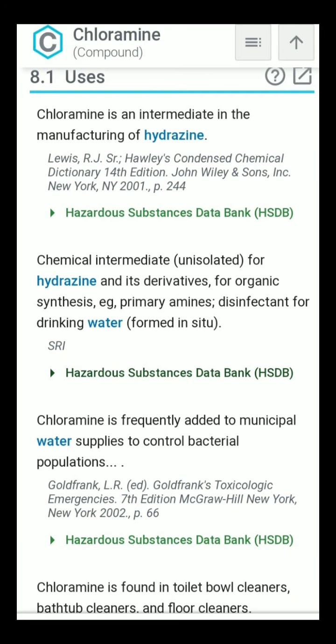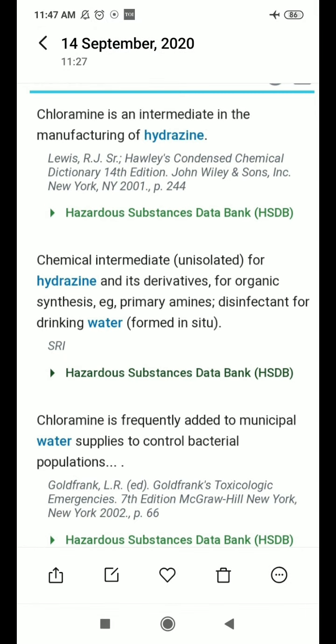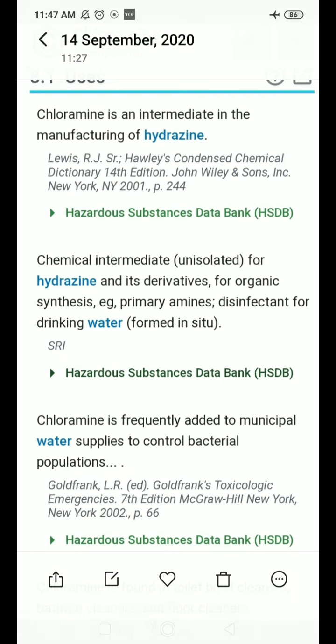Now our chloramine acts as a disinfectant for what? For drinking water, to kill microorganisms and bacteria. This is the use of chloramine. Now chloramine is frequently added to municipal water supplies to control bacterial populations. Okay, you are all aware of the municipal corporation, which provides water to you through common pipelines.